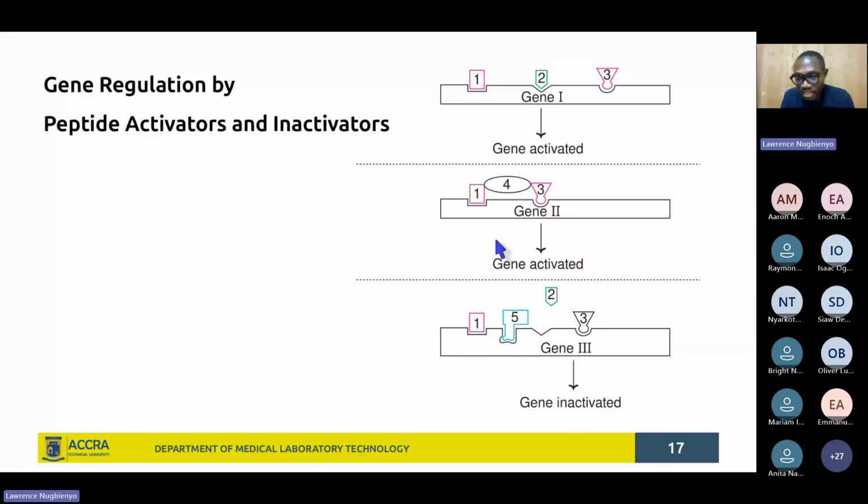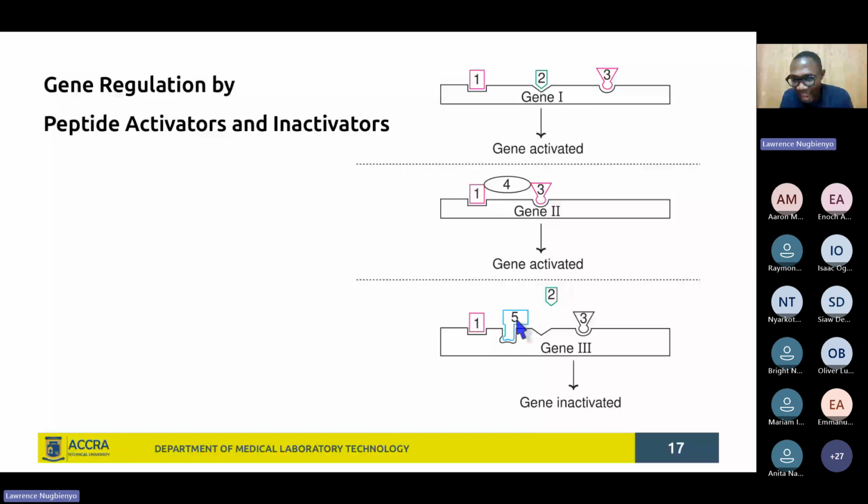You see another example where you have, say, protein number 1 and protein number 3. They are bound on the gene. Now there is one protein, number 5.